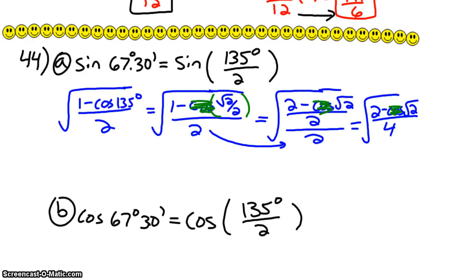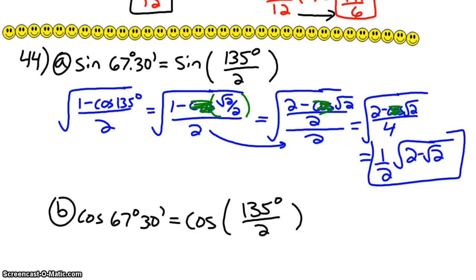I'm going to factor out the 4, which will give me a 1/2 outside of our radical, and a 2 minus radical 2 inside. And this is as far as we're going to take this for our purposes.